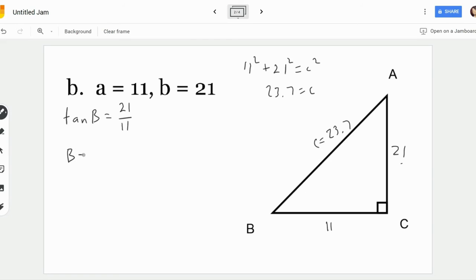This is B, tan inverse. This is also sometimes called arctangent instead of tan inverse. So then we have 21 over 11 in there, and that's a calculator move. Make sure you're in degrees. So tan inverse, or arctan, of 21 divided by 11 is 62, say 62.4 degrees. I rounded up.